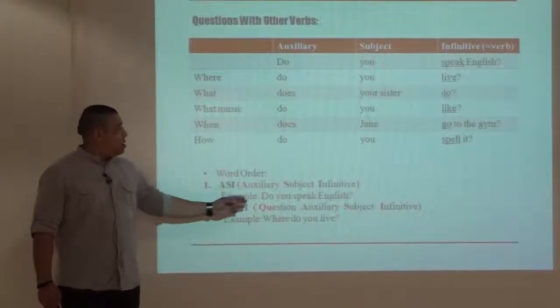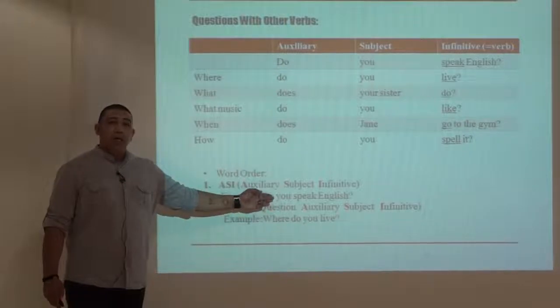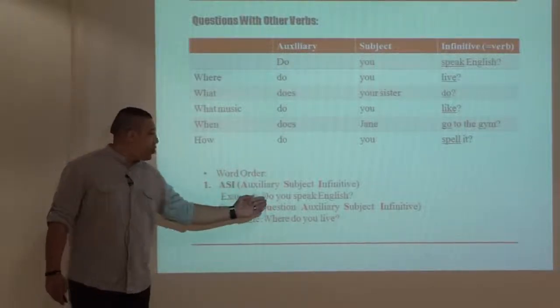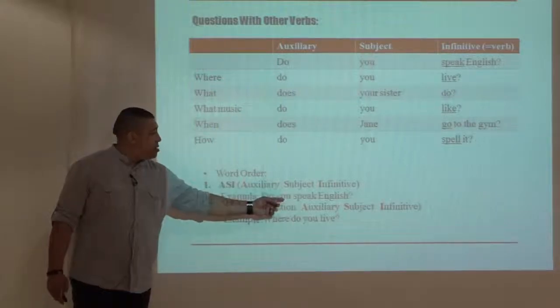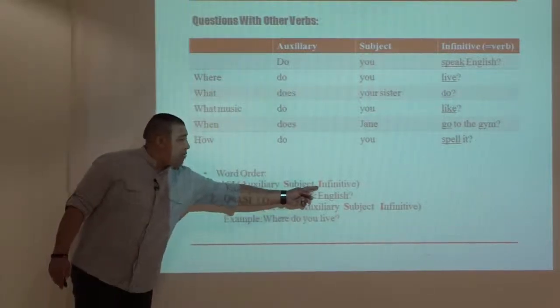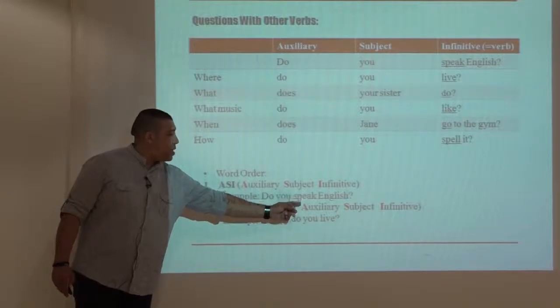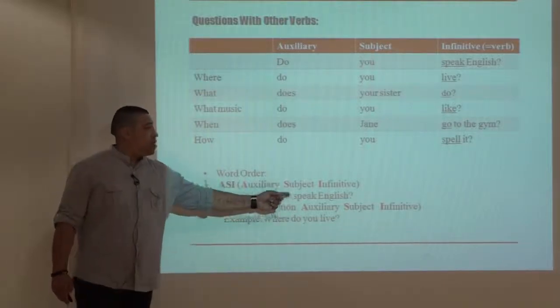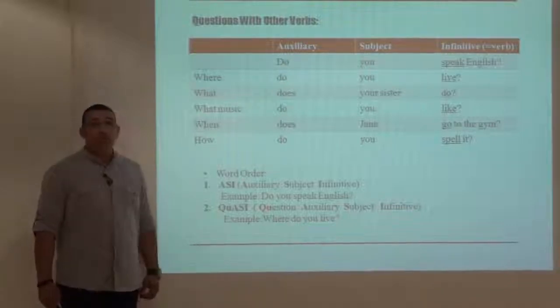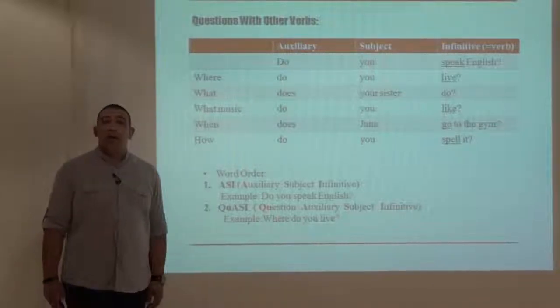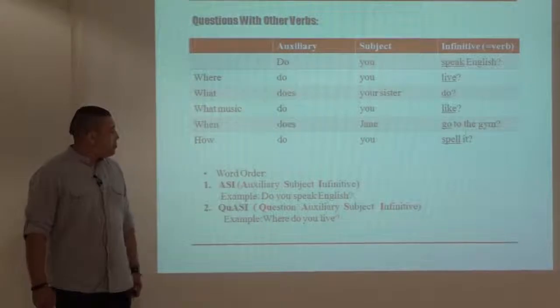For example, do you speak English? So we have do, which is auxiliary, you is the subject, and infinitive is the main verb, speak. So do you speak English? And the answer can be yes, I do, or no, I don't, if it's negative.